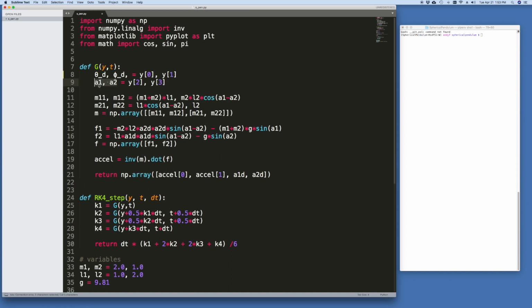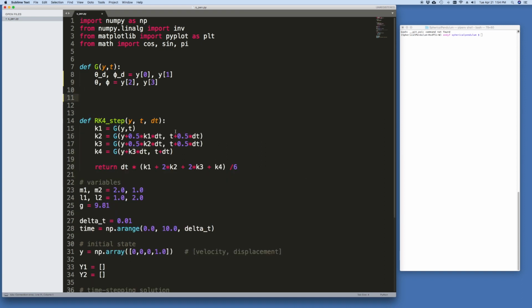Let's write it like this. Sorry, it's a little bit messy. Okay, I can take out the rest of this because I'm going to rewrite that function. But from the state vector, I get phi dots, and let me put this all in one line. I think it looks easier to read.